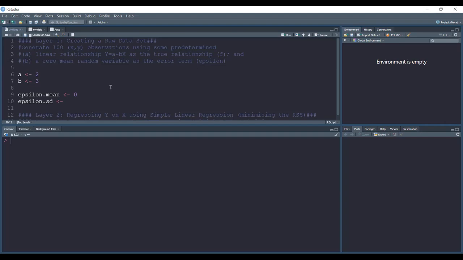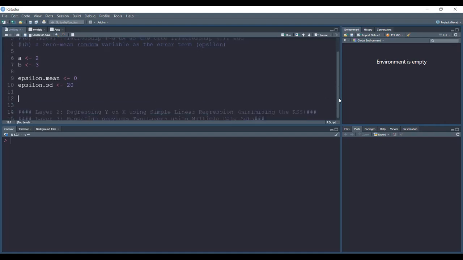But if it's 0, then there is no randomness. You have 100% certainty. Imagine it's your coin toss, and each time you know you're going to get heads. There's no variability over there. Let's take a random error. Let's take a standard deviation of maybe 20, and we'll see if we can change that if necessary.